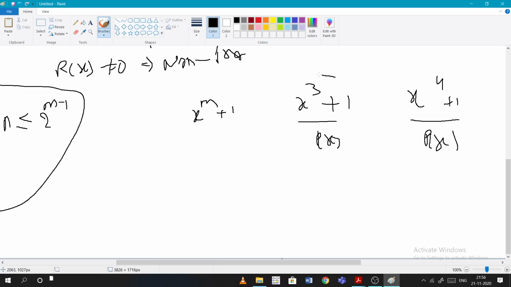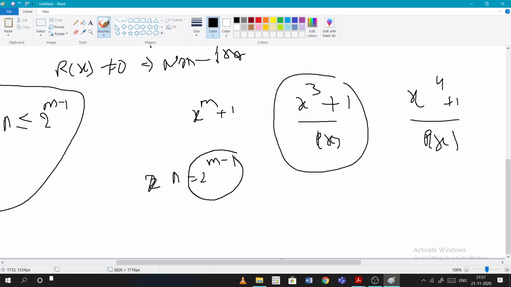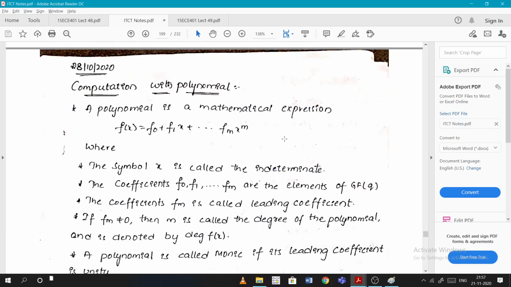We check all these combinations till n is equal to 2 power m minus 1. If none of the polynomials is able to divide, then we will say it is primitive. If at least one of these combinations is divisible, then we will say it is not primitive. Okay, so basically that process is so hard.